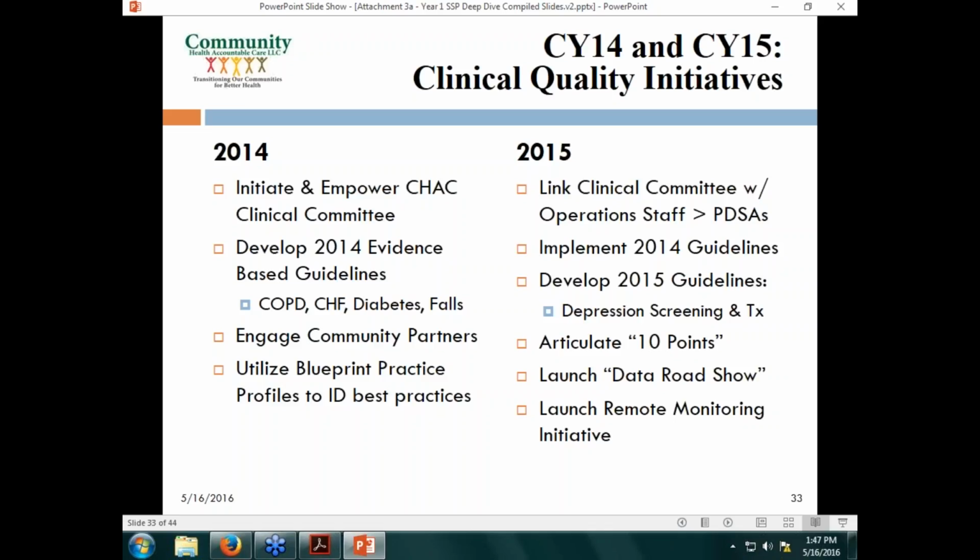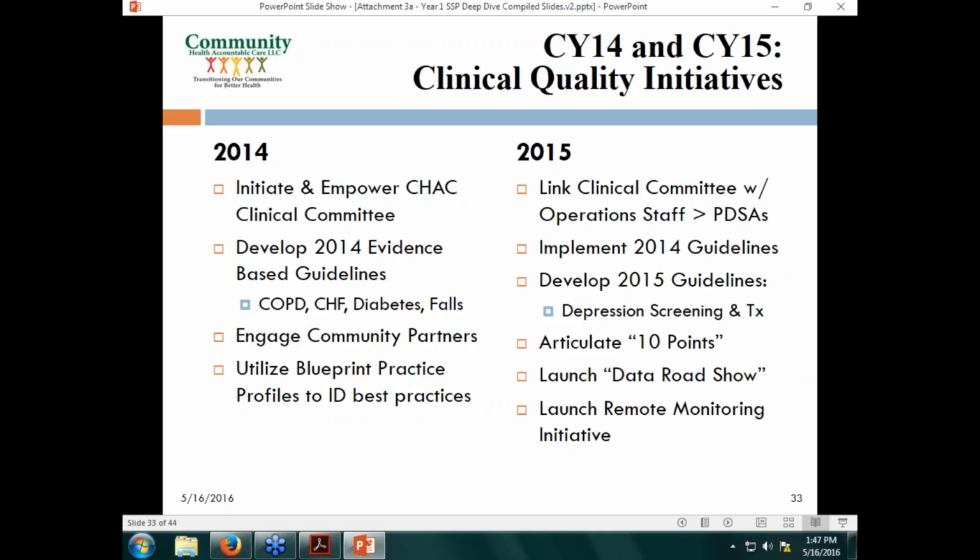They began by developing some evidence-based guidelines in 2014. We did 4 of them in 2014: COPD, congestive heart failure, diabetes, and falls risk assessment. And they worked hard scanning the literature out there, working in small groups with their partners at hospitals and elsewhere in our network, and really wrote guidelines that they could believe in.